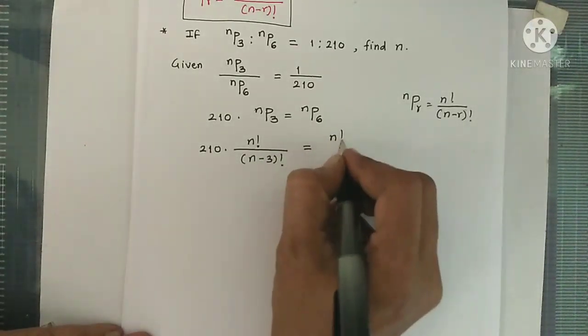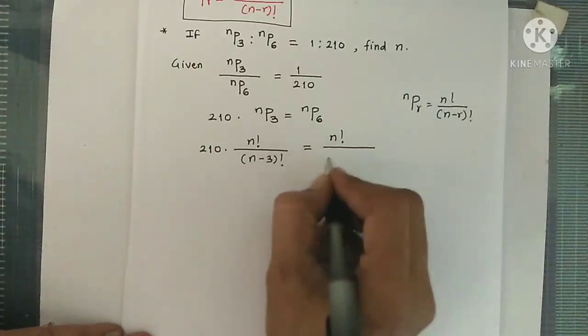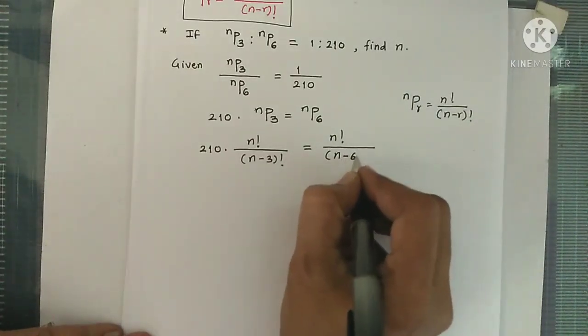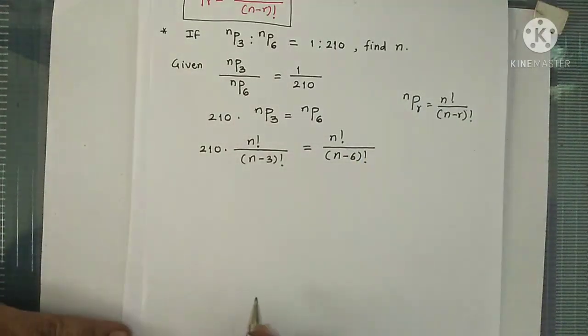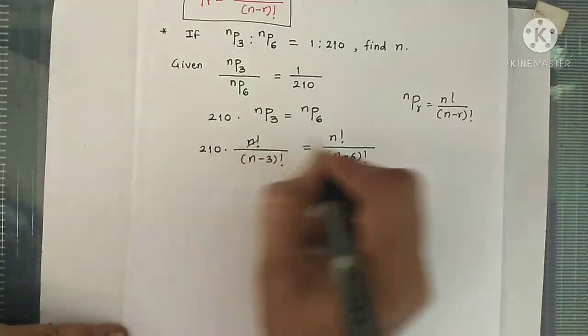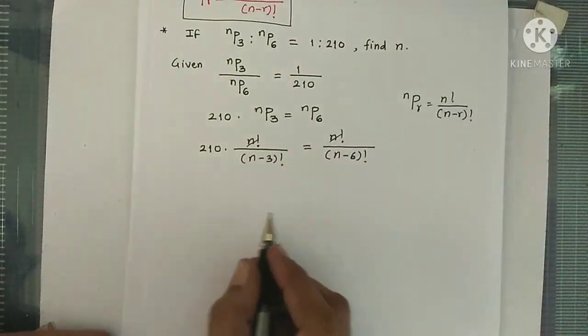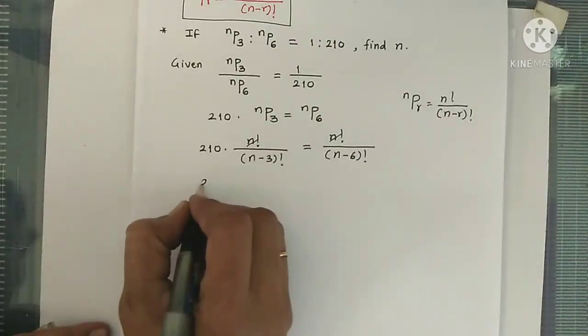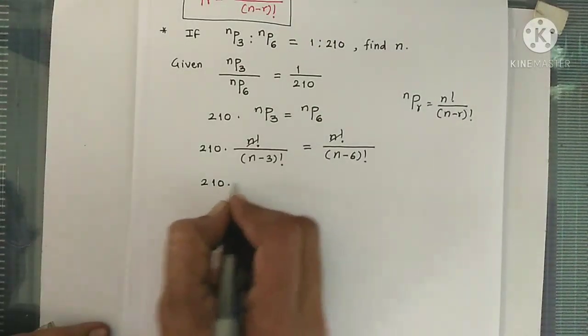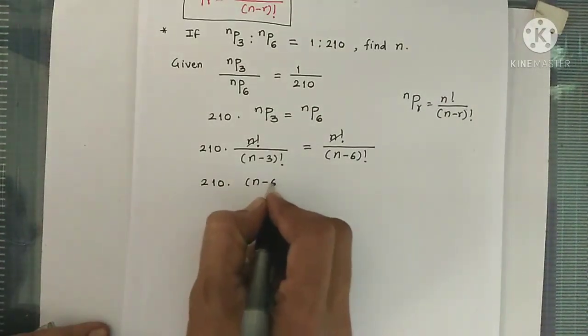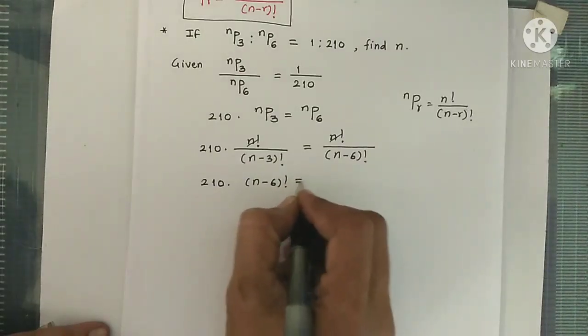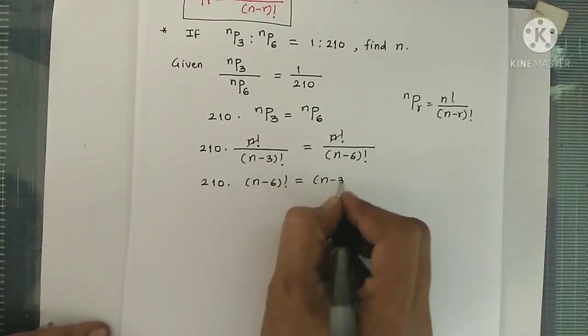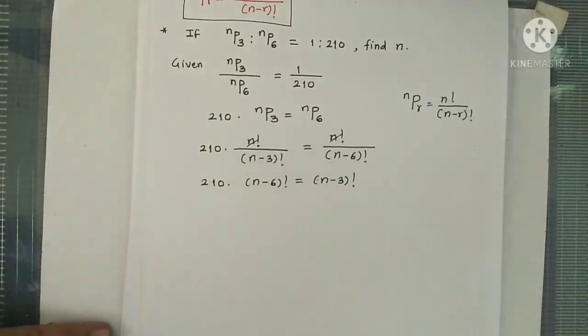Using the same formula, nP6 is n factorial divided by (n minus 6) factorial. Now n factorial gets cancelled. So again let's cross multiply the terms. So 210 multiplied by (n minus 6) factorial equal to (n minus 3) factorial.